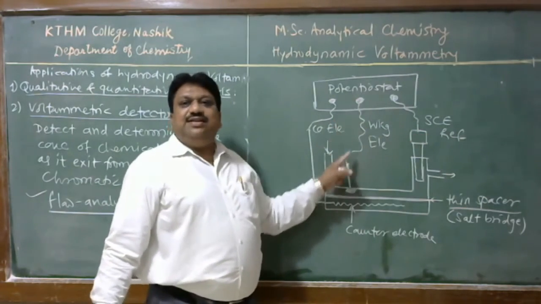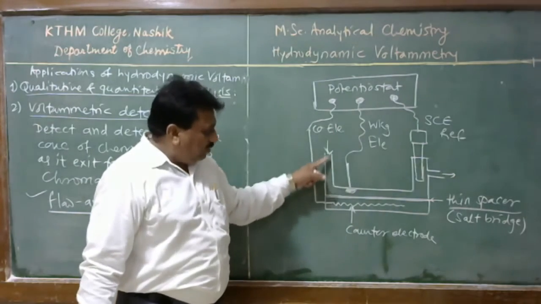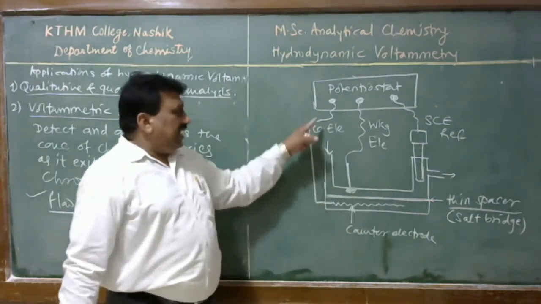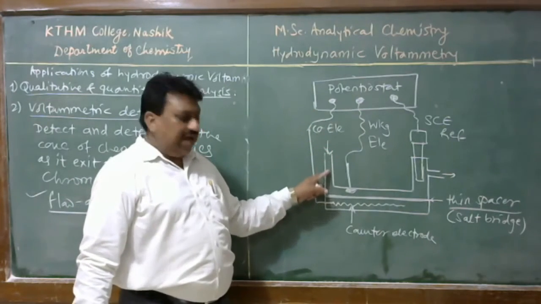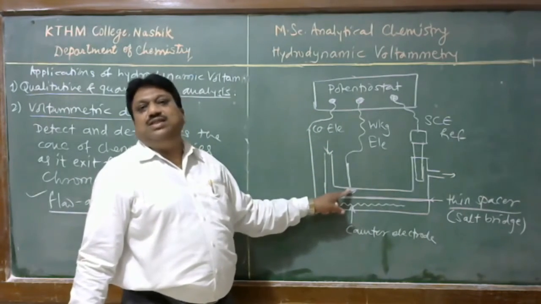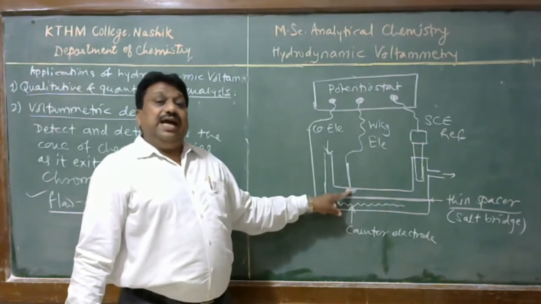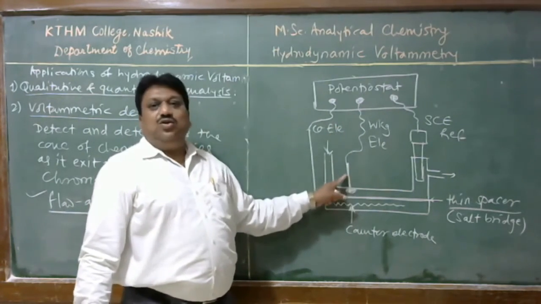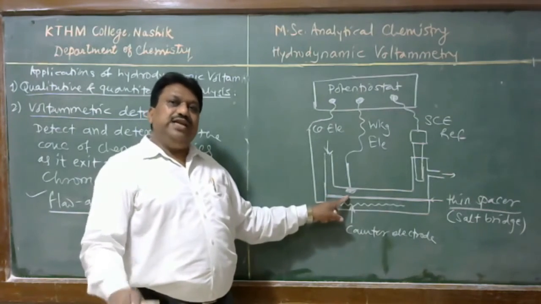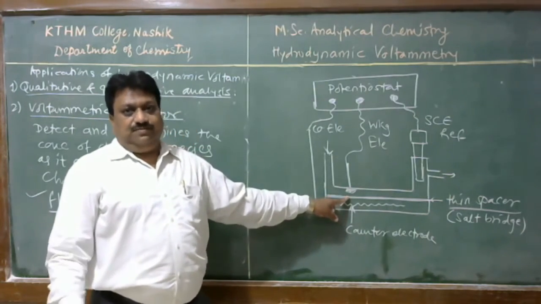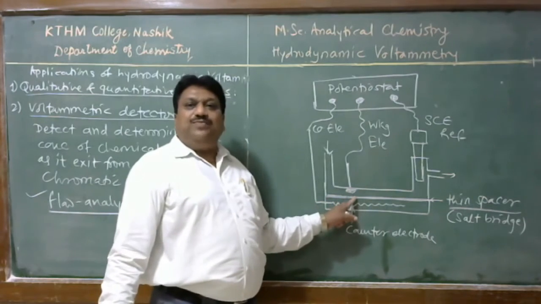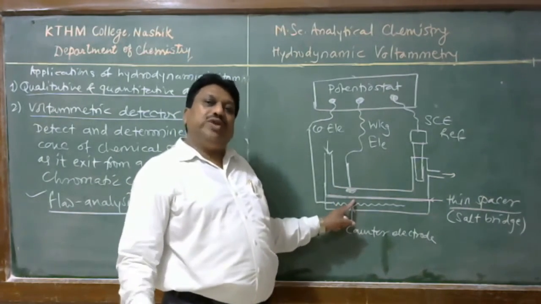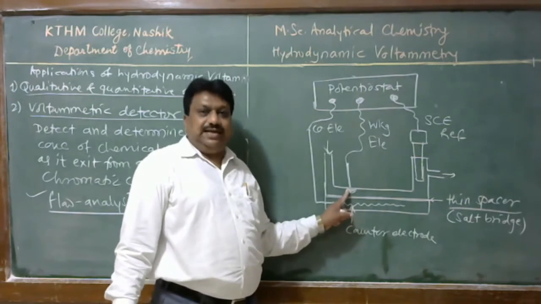Therefore, the potential is adjusted to a value where that particular analyte undergoes oxidation or reduction. When that analyte leaves the column and comes in contact with this working electrode, it undergoes oxidation, because the electrode is already mounted in the path of the analyte solution, having a potential which is sufficient to reduce or oxidize that analyte.